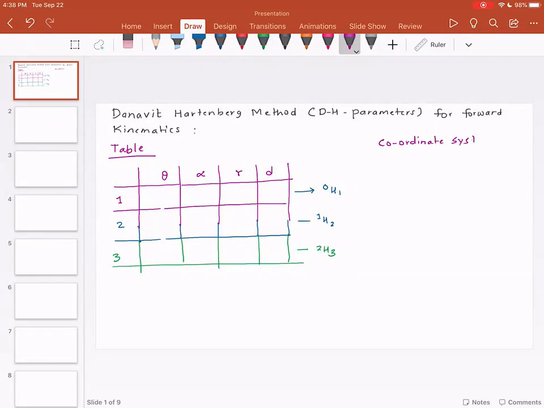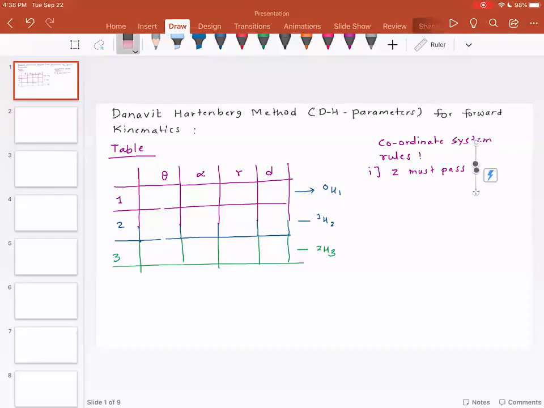The coordinate system rules that we talked about: Z must pass through the axis, whether it's a rotational joint or a translational joint.